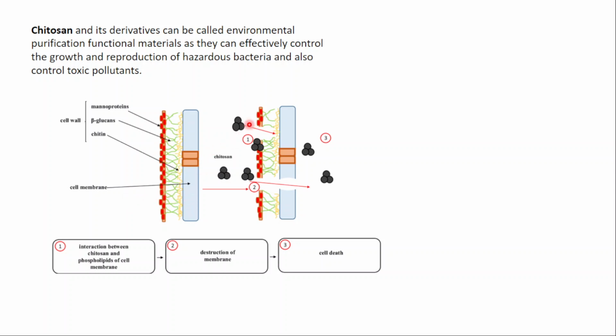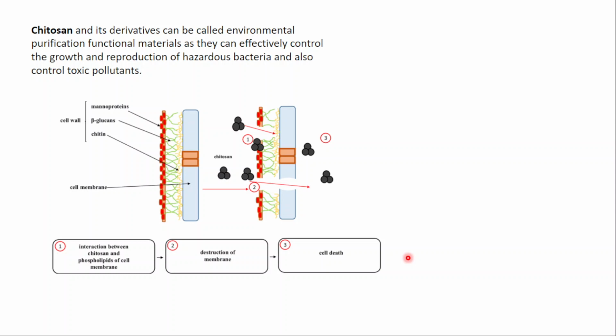And these black gray molecules are chitosan molecules. So first, the chitosan interacts with the phospholipids of the cell membrane. Chitosan will break the cell wall, go inside, interact with the phospholipids of the cell membrane, and then destroy the membrane. Step number two is destruction of the membrane, which leads to cell death. So this is the mechanism of action of chitosan.